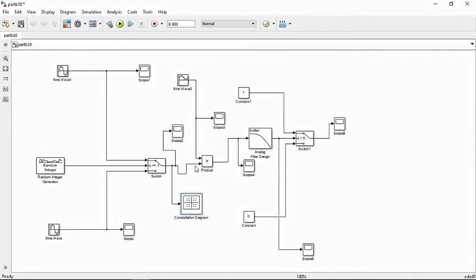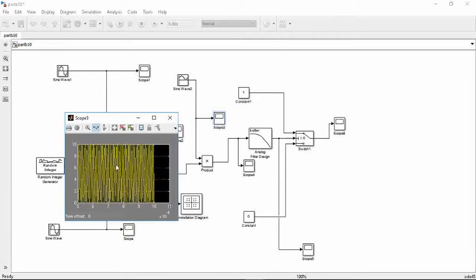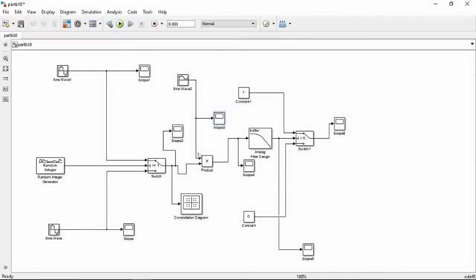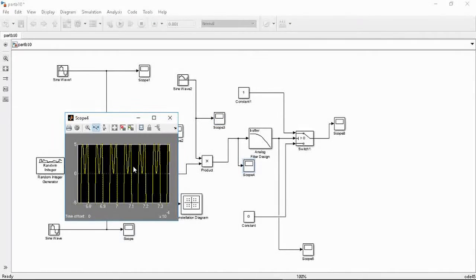Then the combination of the output from the switch and also the sine wave, which is also in sine wave form, will produce our BPSK, demodulated BPSK.